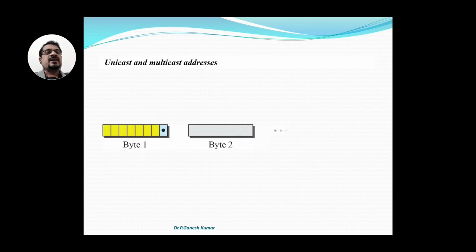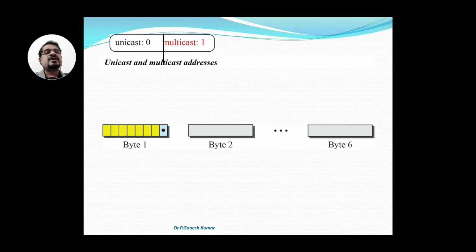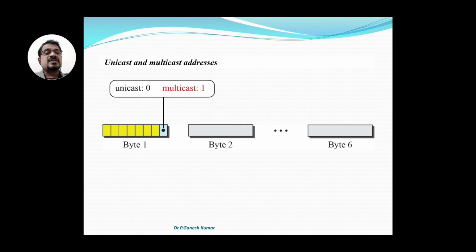Now, the Ethernet address can support both unicast and multicast addresses. How is it going to identify whether this particular data is unicast or multicast? Among the 6 bytes of information, for the first byte, if the last bit is 0, then it is a unicast. If it is 1, it is a multicast.